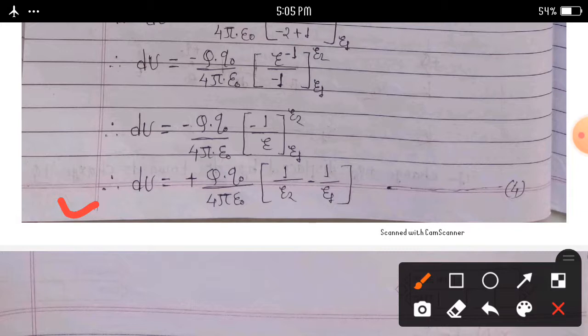Thereby delta U is equal to q1 q2 upon 4 pi epsilon naught into 1 upon r2 minus 1 upon r1. By using r1 equal to infinity and r2 equal to r, we get the potential energy of this system.